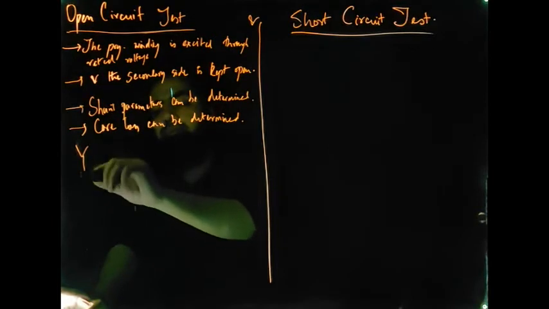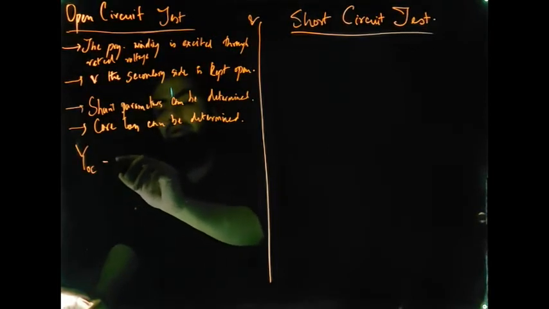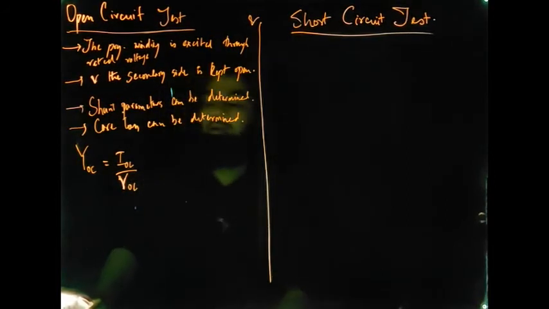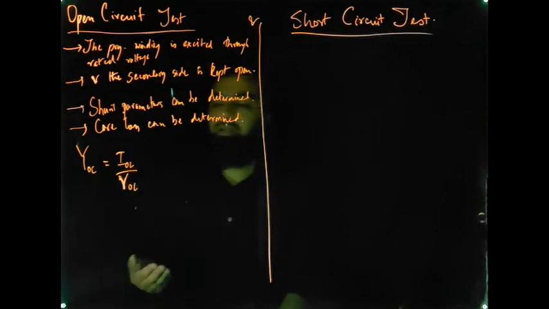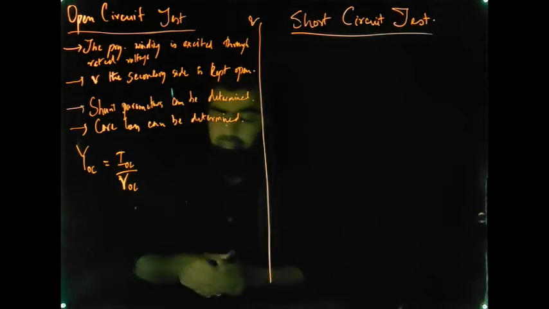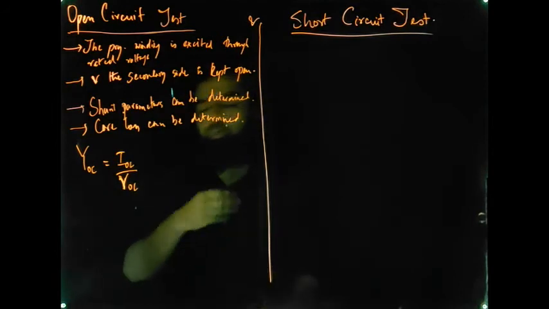Admittance will be given to us using IOC divided by VOC, where IOC is the current flowing in the primary winding during the open circuit test, and VOC is the voltage applied in the open circuit test.